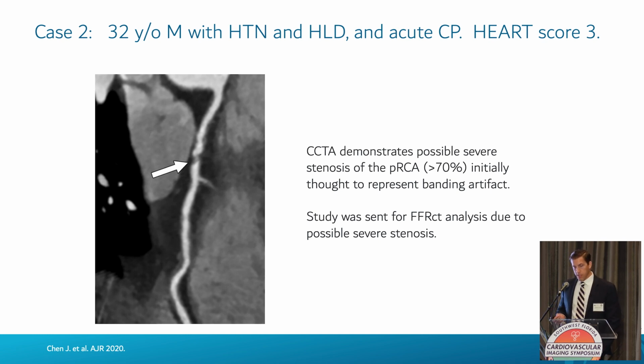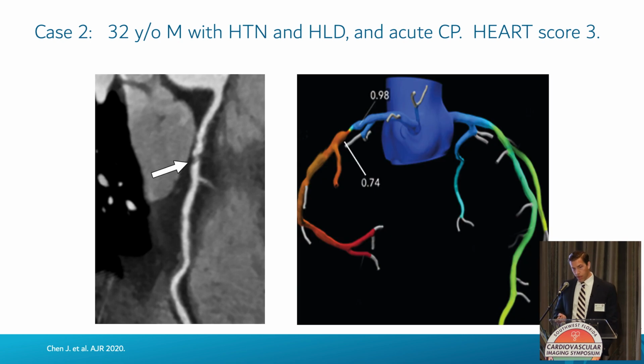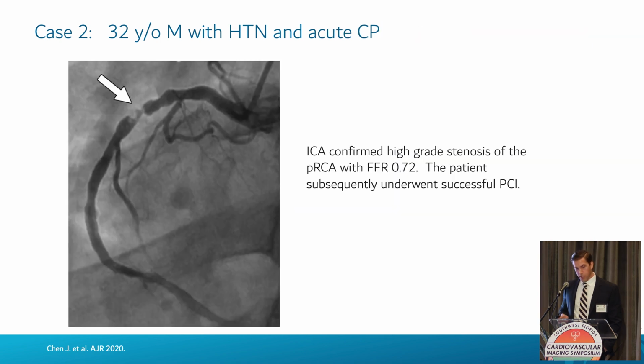So the study was sent for FFR analysis due to the possibility of this severe stenosis, and sure enough, just beyond that stenosis, there was an FFR of 0.74, considered hemodynamically significant. So the patient again went to ICA, which confirmed a high-grade stenosis of the proximal RCA with an FFR of 0.72, and so the patient then underwent PCI and aggressive preventive therapy.